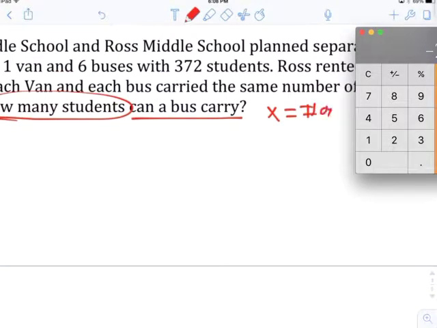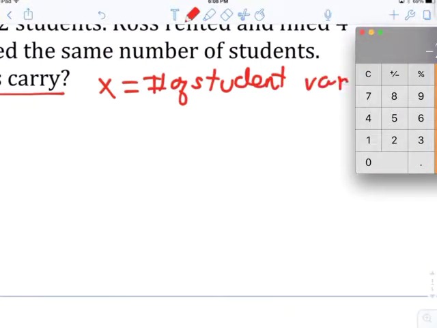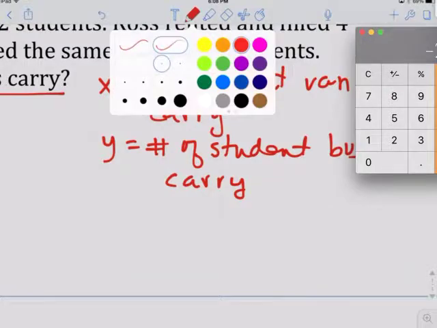Number of students the van carries. Okay, Y is number of students the bus carries.